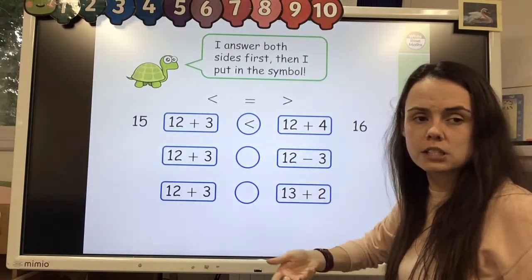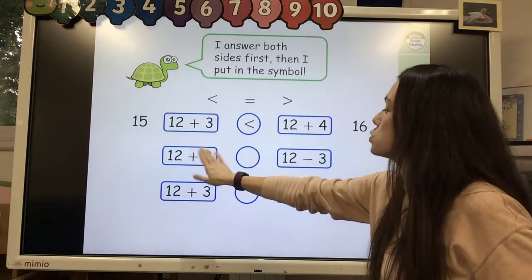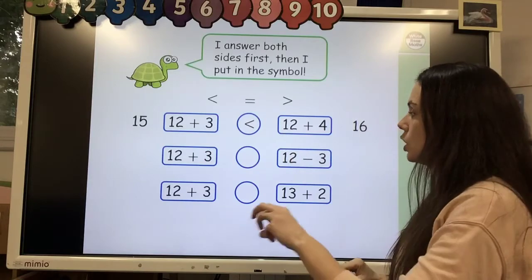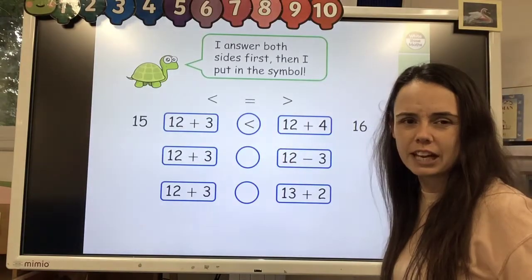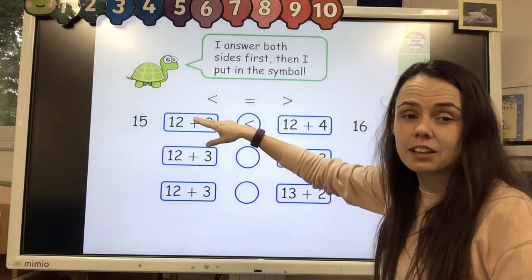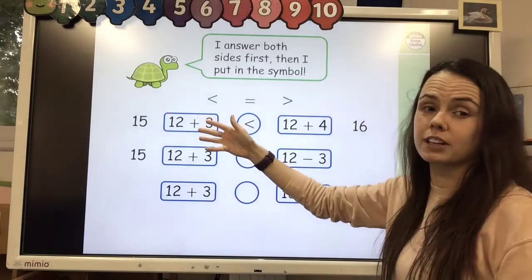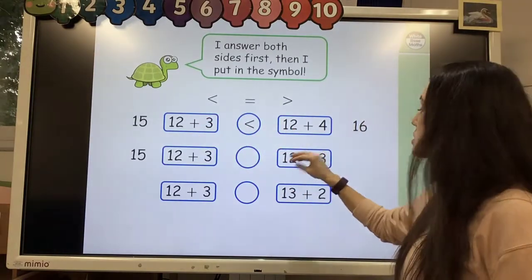Now, let's do the next one. So what we're going to do first? Work out the answers to both questions. Well done. So 12 add 3. Oh, do we need to do 12 add 3 again? No, we don't. I've already done it. We've done 12 add 3. And it's not going to change. So we know it's 15 already. 15, is it bigger or smaller than this side?